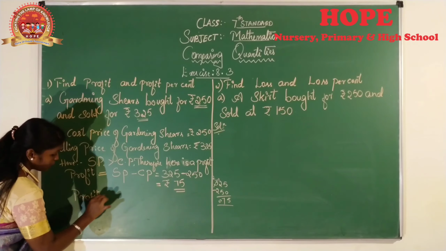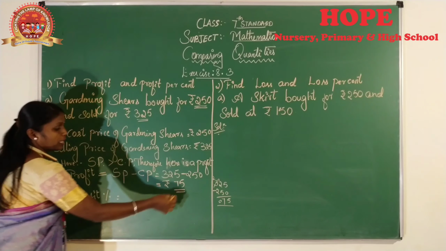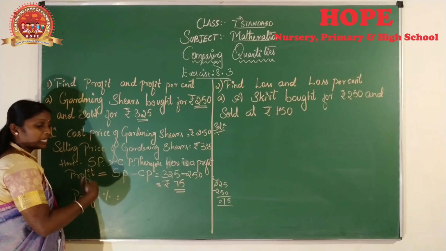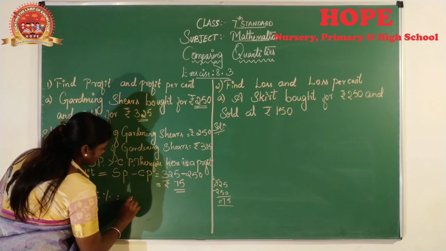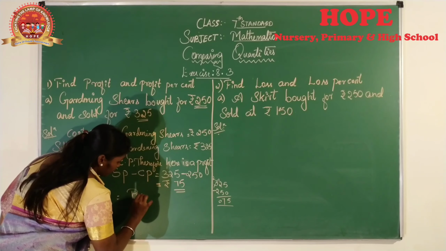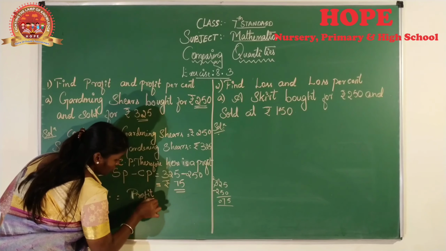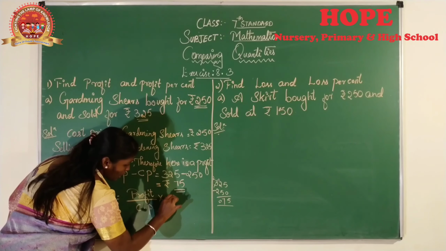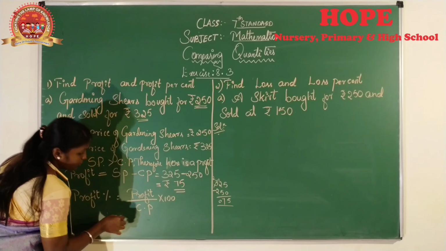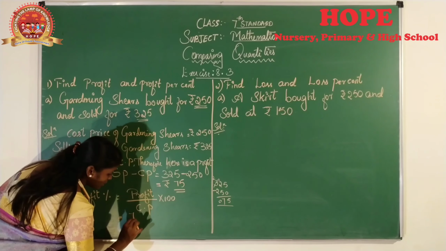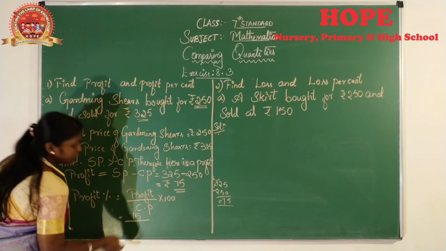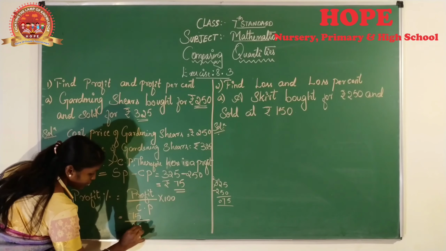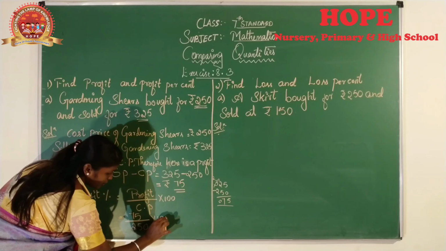We know the profit in rupees, but to find out the profit in percentage, the formula is profit, the amount of the profit, divided by CP, cost price, into 100. The profit amount is 75, divided by CP. Cost price is 250, into 100.